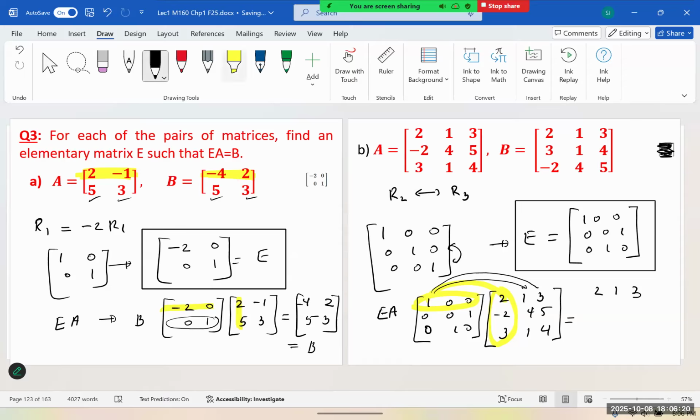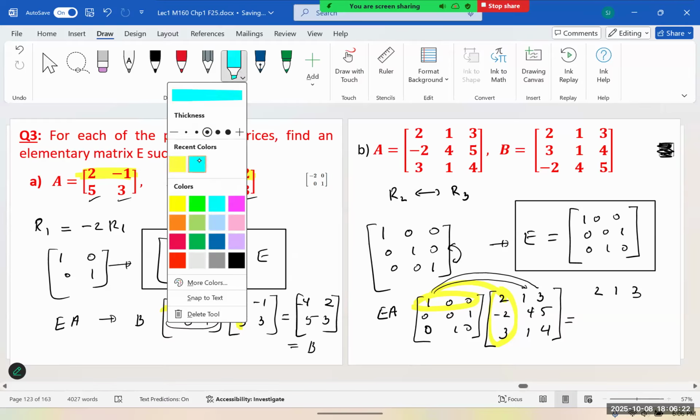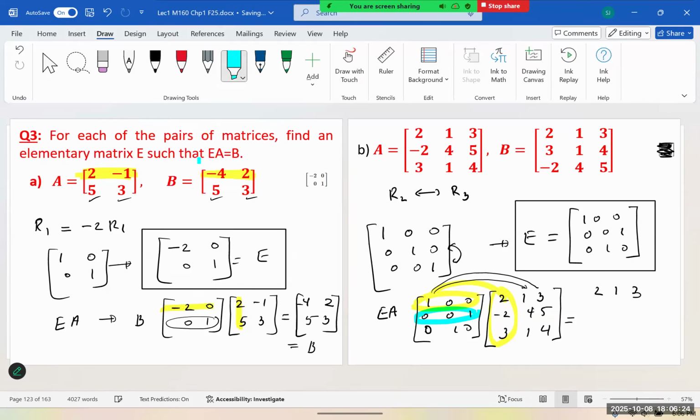If you go to the next row, 0, 0, 1, and you apply the same thing, the first two numbers become 0, only the third one stays. So the third one is 3. The second one, only the third one stays, which is 1. And the third column, only the third one stays, which is 4.